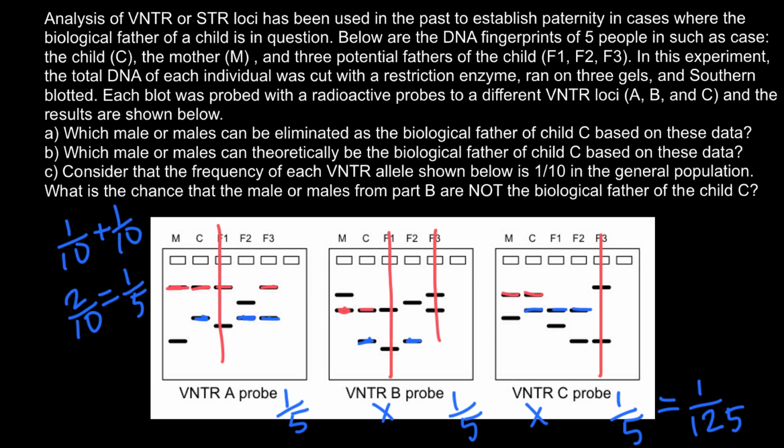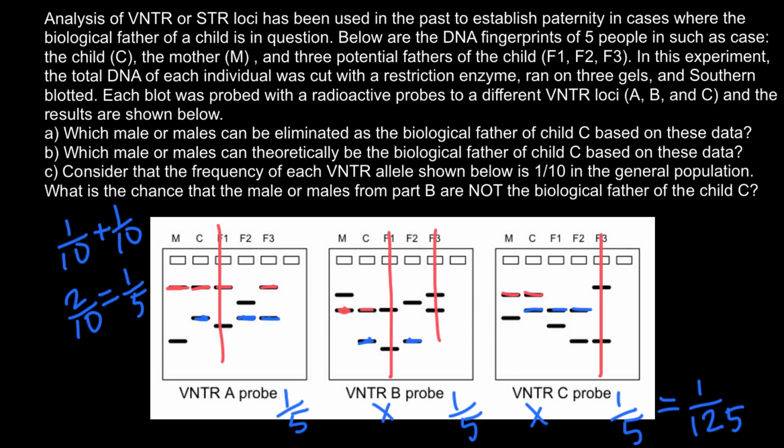This is going to be the probability that if we took a random person from the street, he would be a possible father of this child if we only took into account 3 loci. If, for example, we took 1000, or to be more precise 1250 people, there would be 3 people who also can be father of this child according to our calculations.